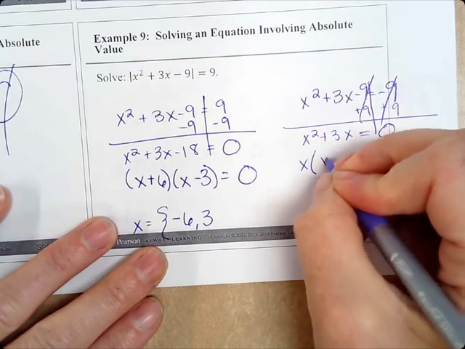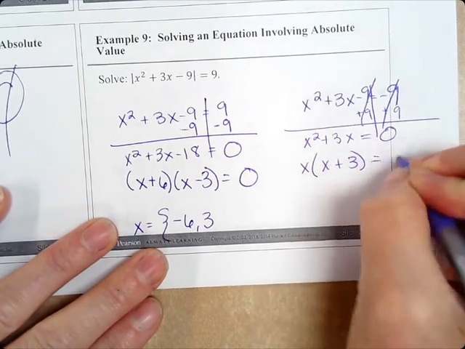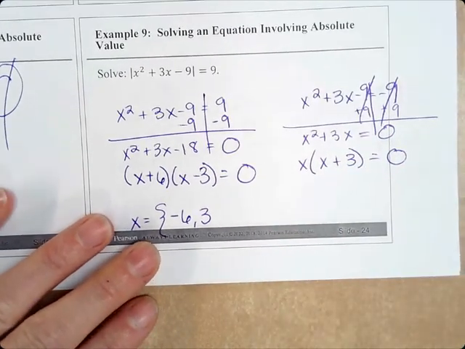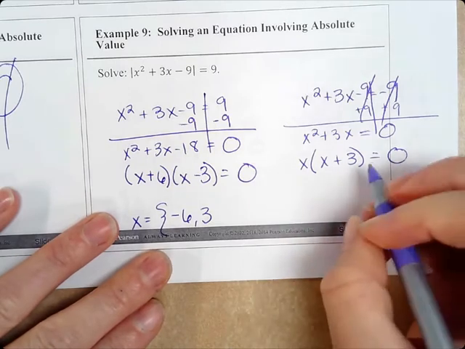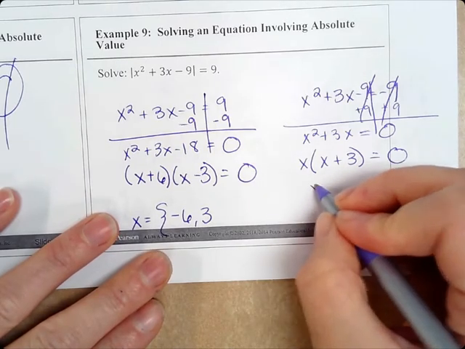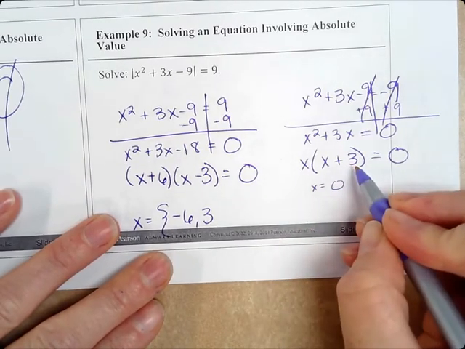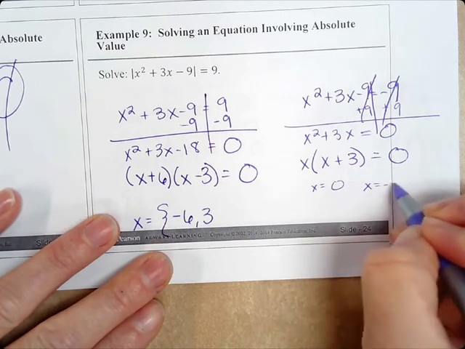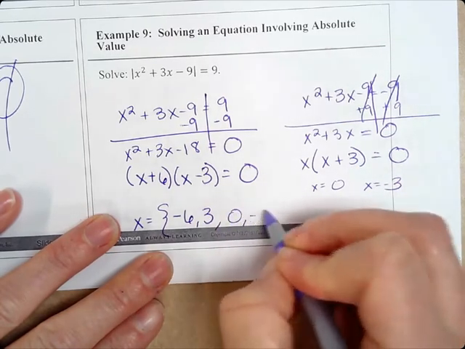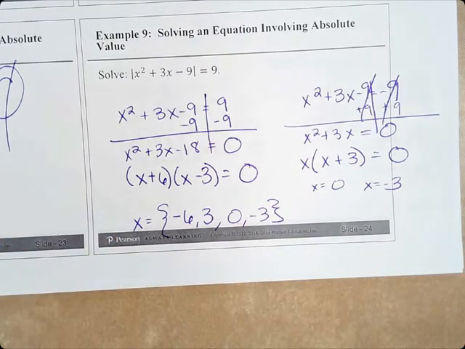X. So it'd just be x plus 3 equals 0. So for this, what would x equal? And then what would this x equal? Negative 3. So we have 0 and negative 3. Then you just want to check and make sure that is correct on the table.